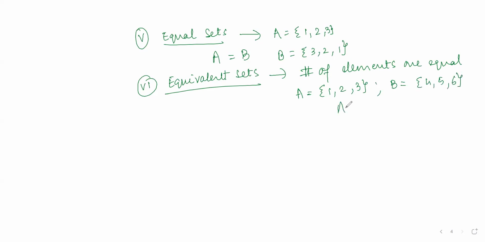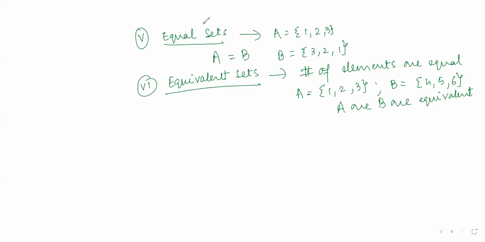A and B are equivalent. The number of elements are the same. That's all. It does not matter whether the elements themselves are the same or not. The number of elements are the same. The element values may be different. That's an equivalent set.